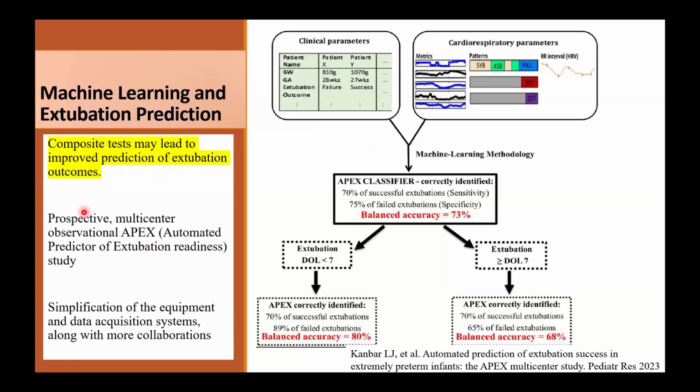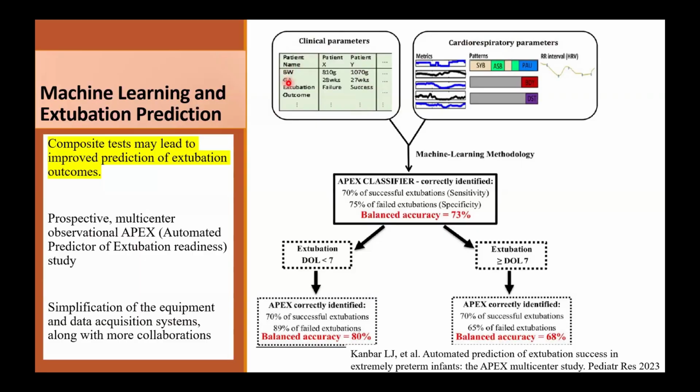A similar study was done, which is the prospective multi-center observational APEX study, the automated predictor of extubation readiness study. The authors included clinical parameters and cardiorespiratory behavior of babies with birth weight less than 1250 gram who were being extubated for the first time to non-invasive respiratory support.